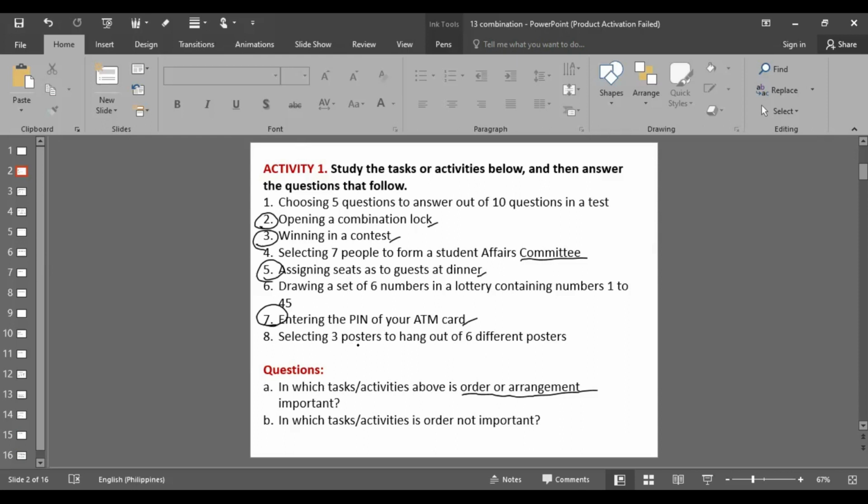So, basta 3 posters, yun na yun. Okay? Hindi naman kailangan ng order dyan. Again, items 1, 4, 6, 8 illustrate combinations, okay? Wherein order is not important. So pag hindi naman importante yung order, combination yung tawag sa kanya.